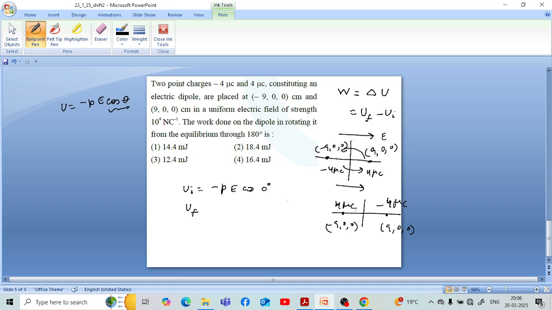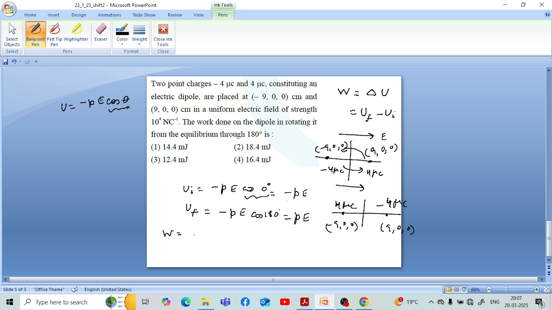So this is the situation after the rotation by 180 degrees. In this final state, the final potential energy UF is minus PE cos 180 degrees. Now cos 180 degrees is minus 1, so this value becomes plus PE, and we know that cos 0 is 1, so the initial value is minus PE.